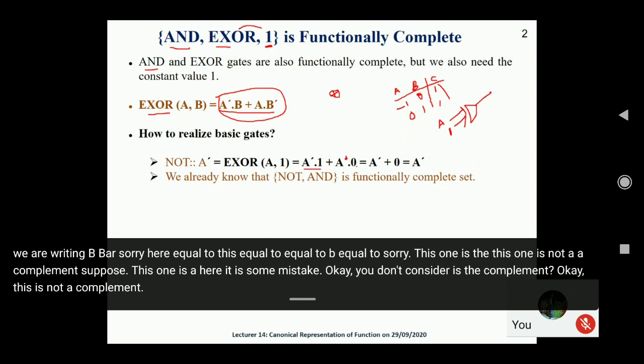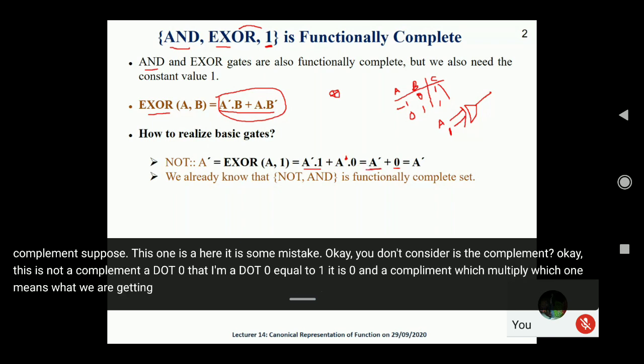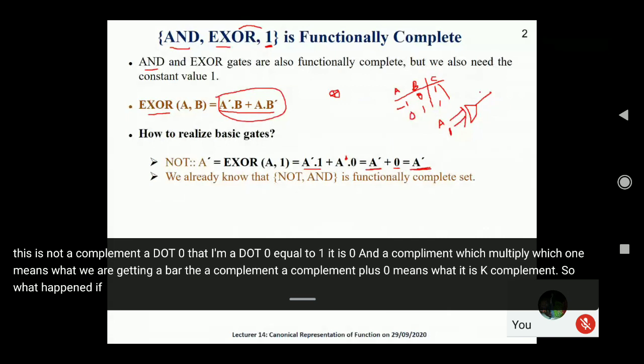A dot 0. That time what happens? A dot 0 equal to what? It is 0. And A complement multiplied with 1 means what? We are getting A complement. A complement plus 0 means what? It is A complement. So always we are getting A complement.